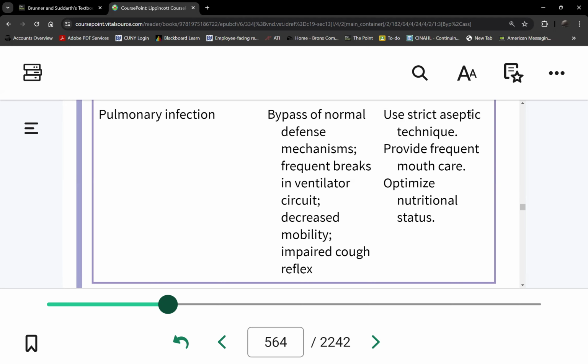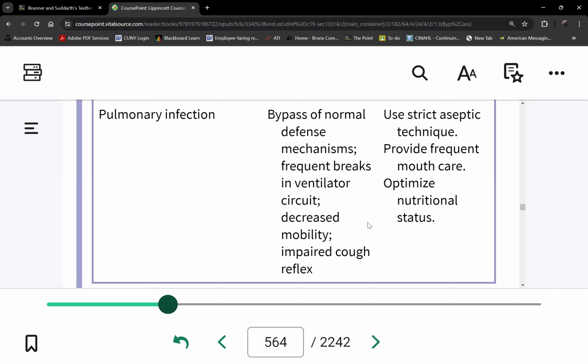Okay, so use aseptic technique, especially when you're suctioning the airway, and then provide frequent oral care. Can the patients close their mouth with the endotracheal tube sticking out? No. And what will happen? What will enter the mouth all the time? We already have bad breath when we can close our mouth, right? How much more of these patients?